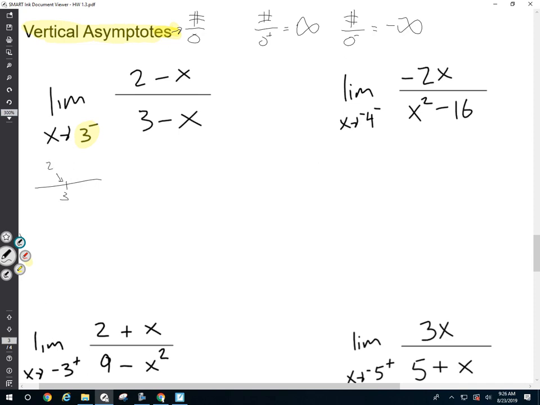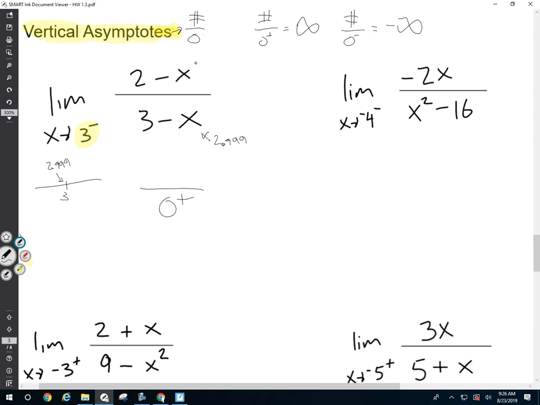Think about 2.999. If you take 2.999 and plug it in here, it would be something that's very small, but it would be positive. Okay? You're thinking like 0.001.